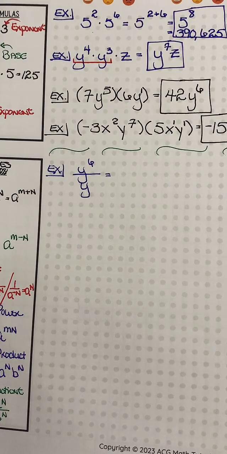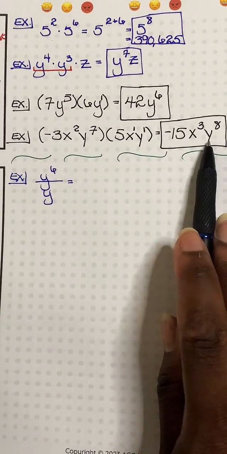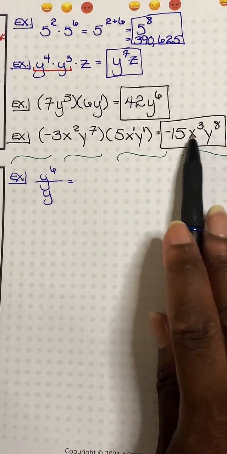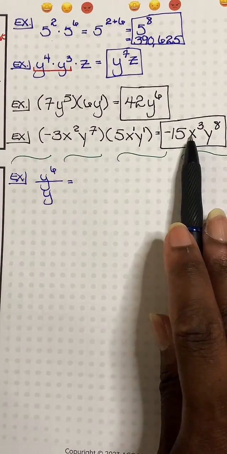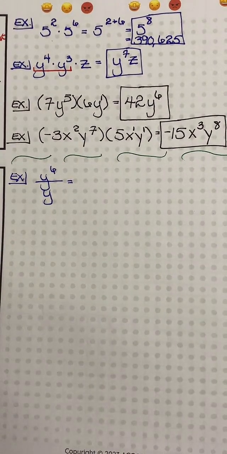So what if both were x's instead of y? Then you would add the x's together. So Laura, if this was an x instead of a y, then your answer would have been -15x to the 11th power. You would add the x's at the end.